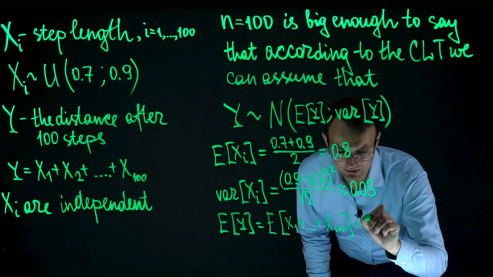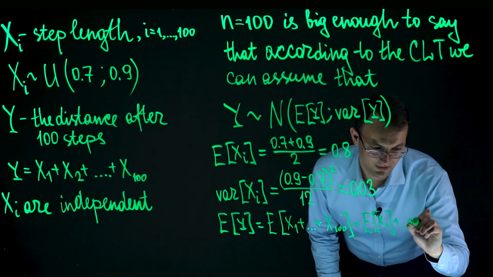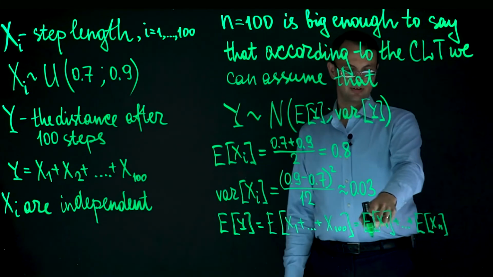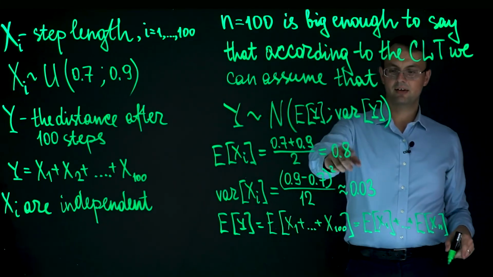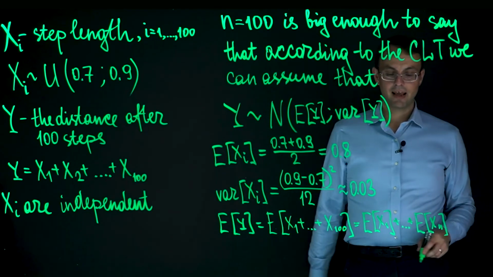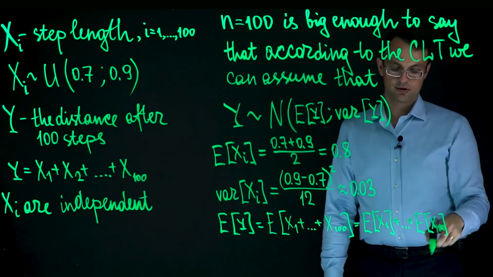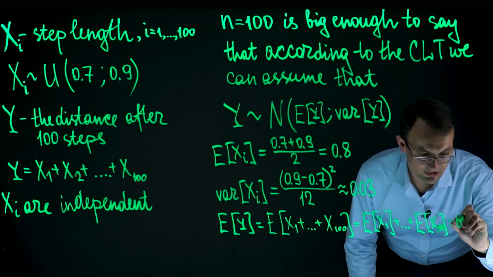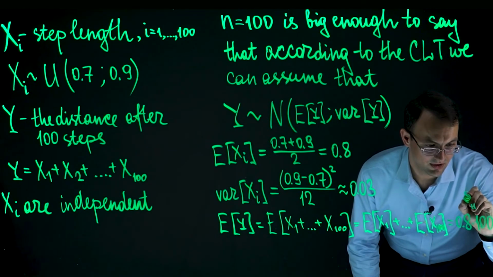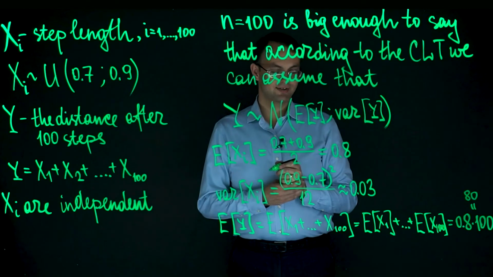So this is E of x1 plus ... plus E of xn. All these expected values are the same, equal to 0.8, and we have not n but 100 here. So this is 0.8 multiplied by 100, that is 80. So the expected value of y is 80.